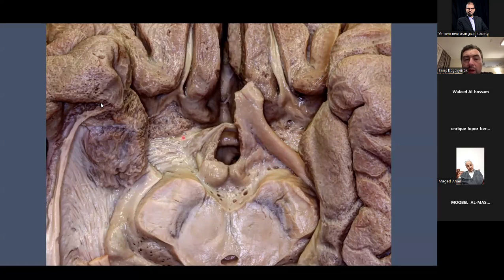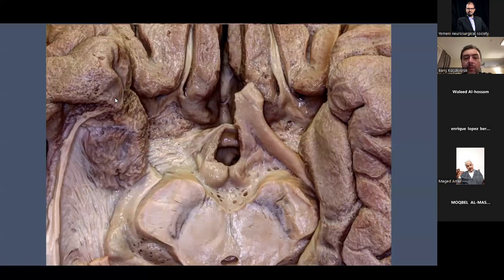I removed it to see the ansa peduncularis fibers, which are deep to the anterior perforated substance. These ansa peduncularis fibers are another set of connectivity of the amygdala, besides the stria terminalis fibers, which are removed in these pictures. Let me go back.